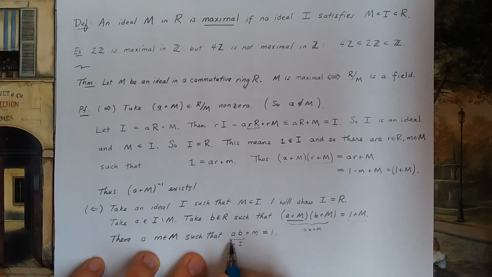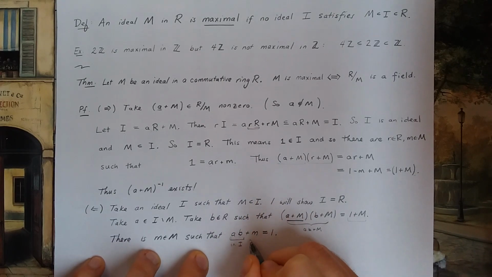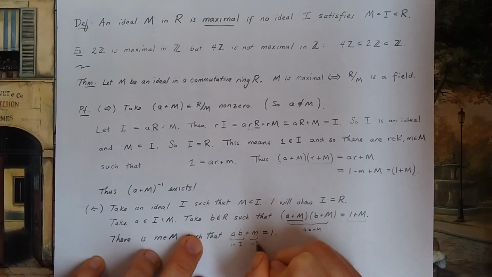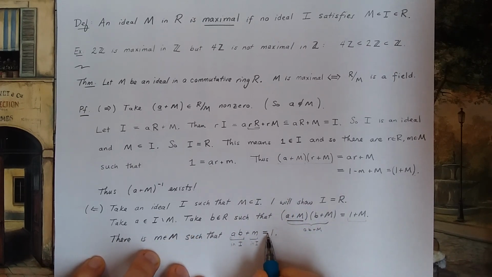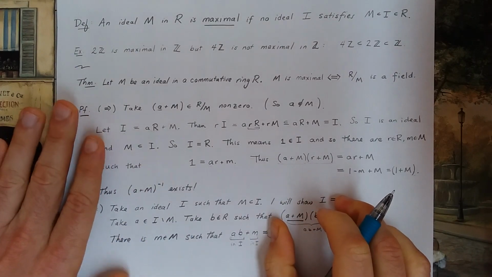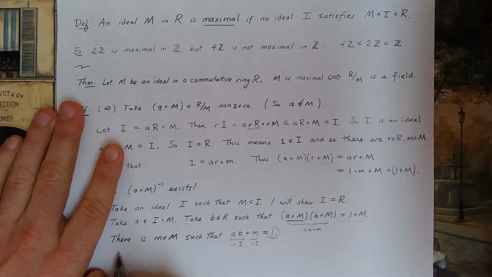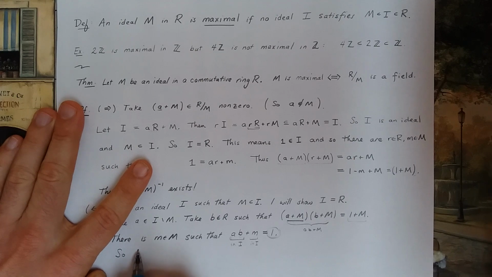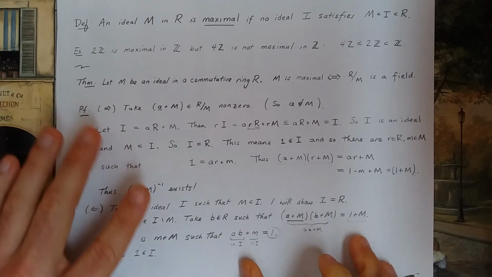So this is in I. Little m, that's also in I. So that means the multiplicative identity has to be in I. So to finish things up, the number 1 is in I.